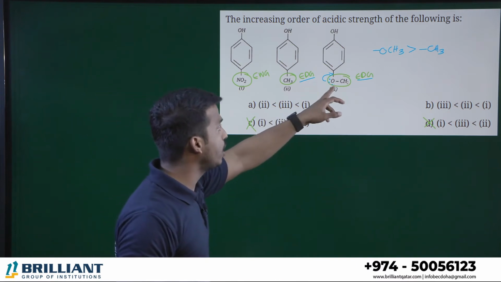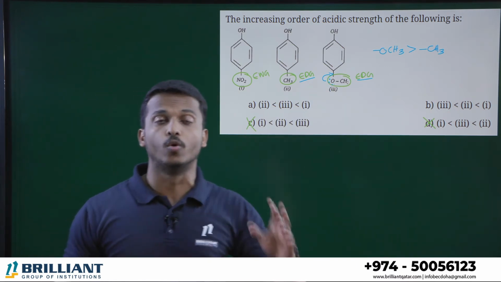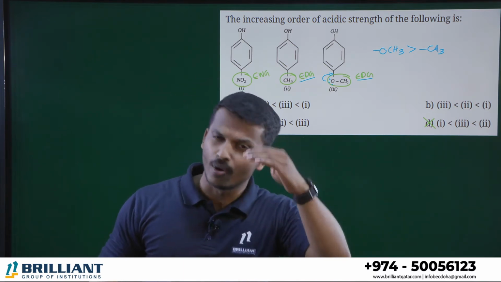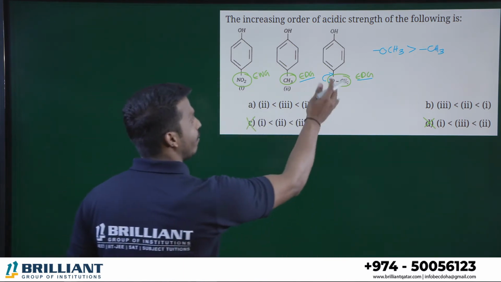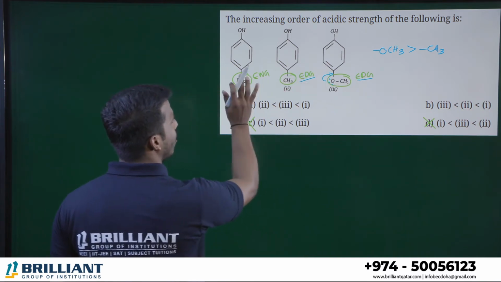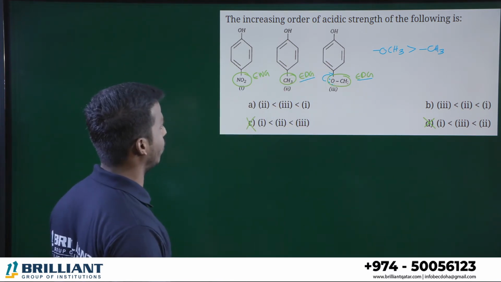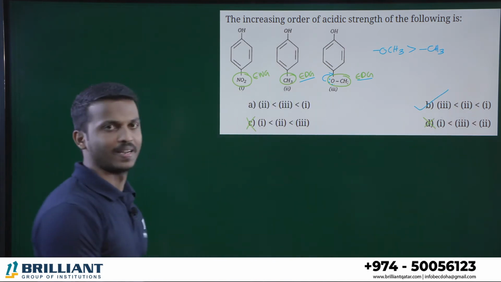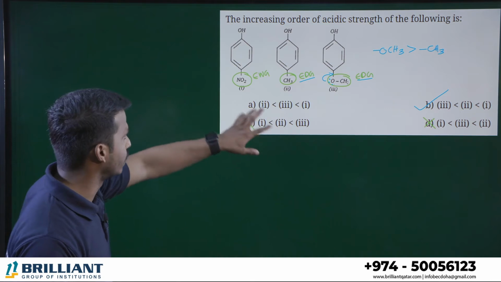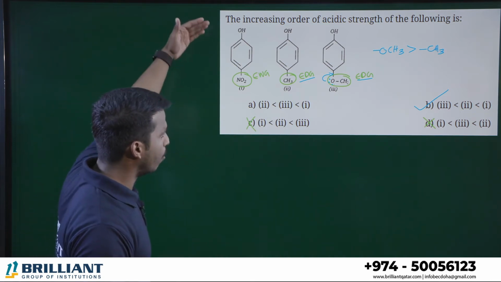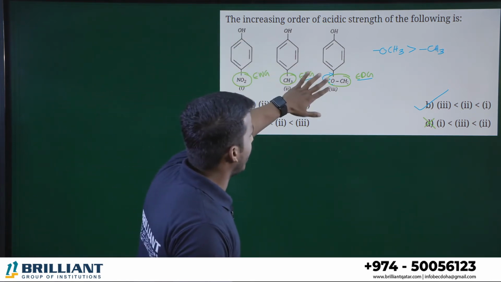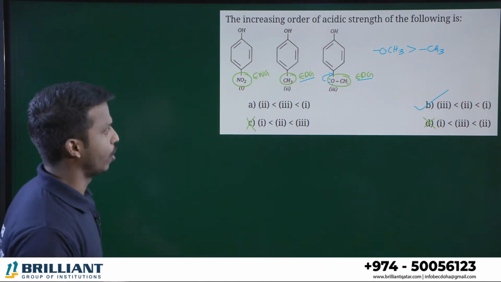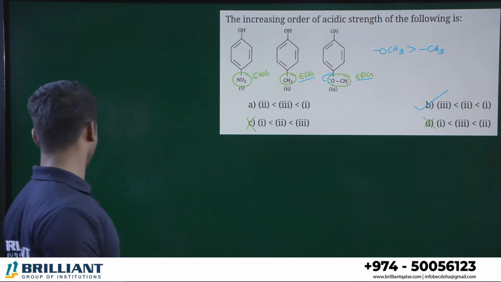So methoxy is a strong donating group, and acidity is very low. The third one has the least acidity and the first one has more acidity. What is your answer? 1, 2, 3. Option B is the correct answer. The first one has an electron withdrawing group, so it is more acidic, and the third one has a very strong electron donating group, so it is the least acidic.